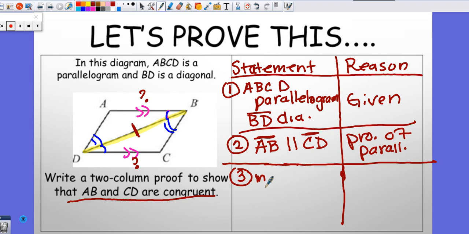you can say the measure of angle, we're going to do the three-letter angle. So if we have B here in the middle, I'm going to write B in the middle, and the loop is facing AD. So I'm going to say ABD is going to be congruent to this angle down here.